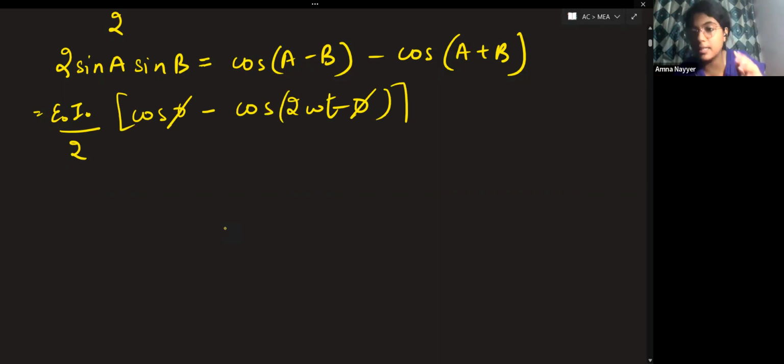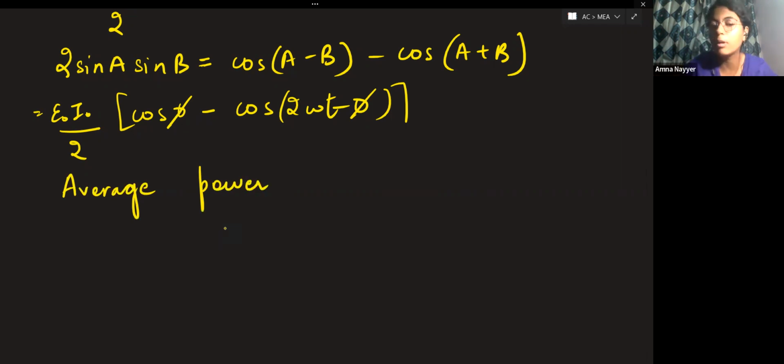Now, see, we are calculating average power dissipated. This was the instantaneous power. Just in case in your exam instantaneous power is asked, leave your answer till here. But in your exam, instantaneous power won't be asked; instead, we maximum have the average power dissipated per cycle. So you have to calculate the average power.